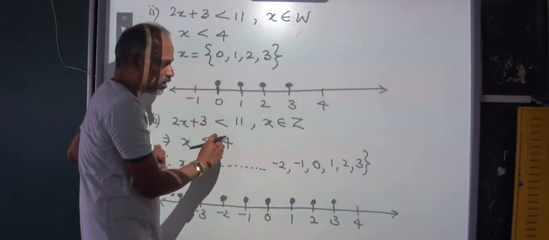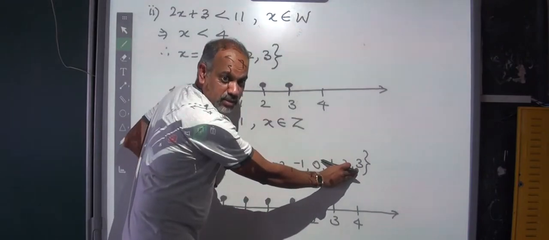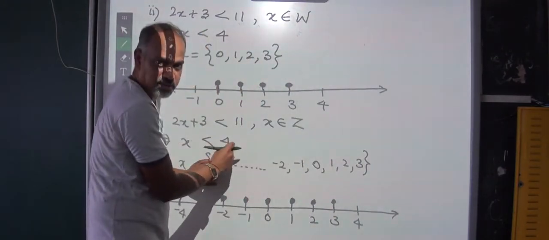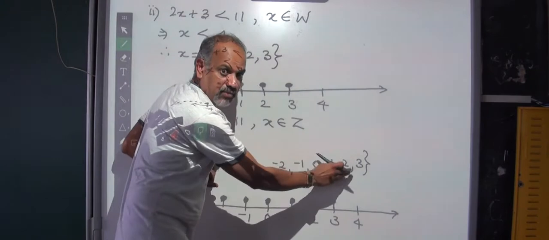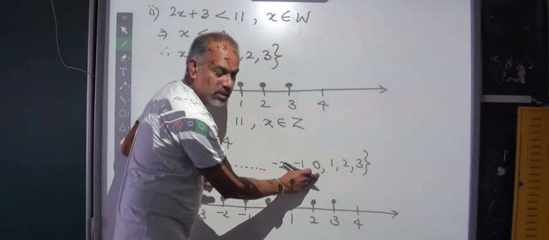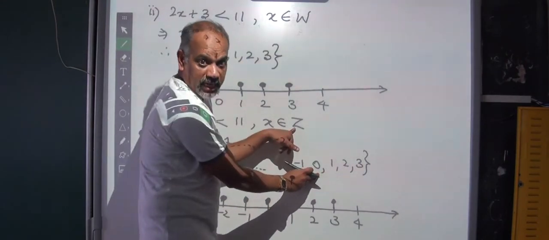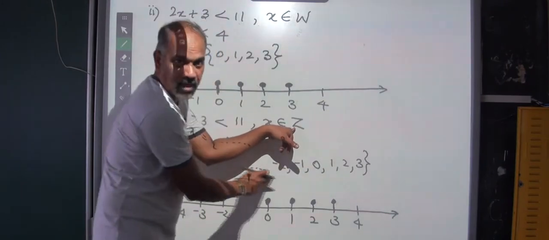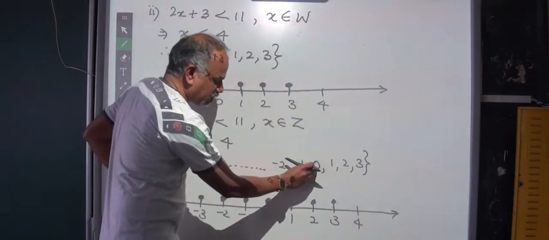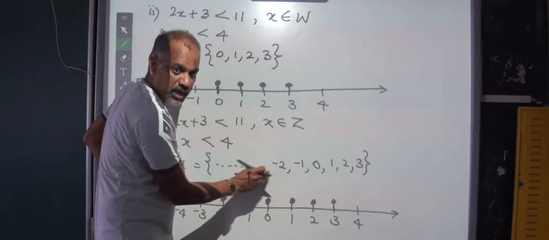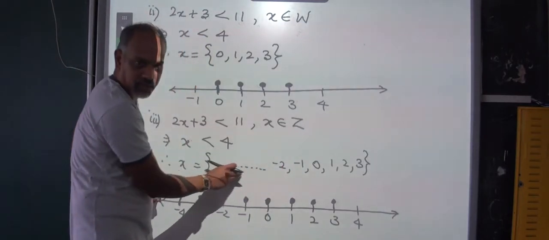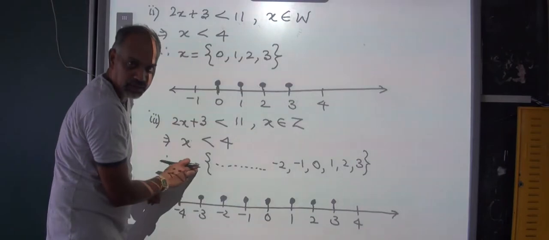The integer immediately less than 4 is 3, then you have 2, 1, 0. Now, because it is an integer, you also have negative values. After 0 is -1, -2, -3, -4. I have not written everything, so I have put dots and closed the bracket.